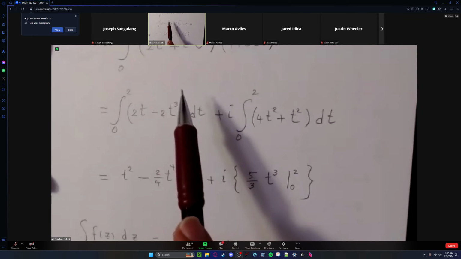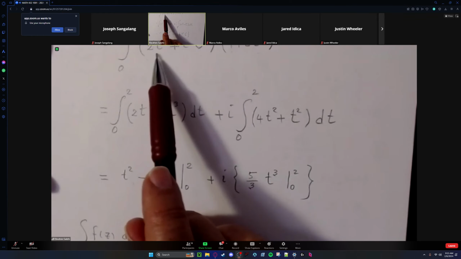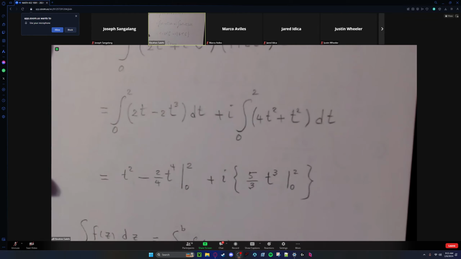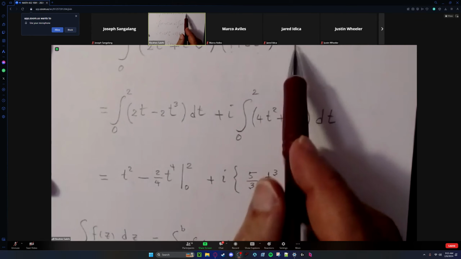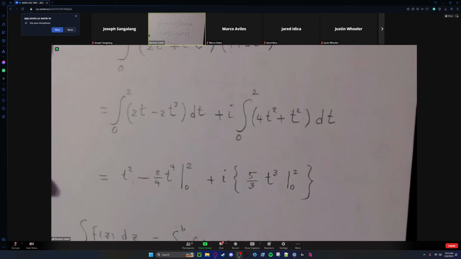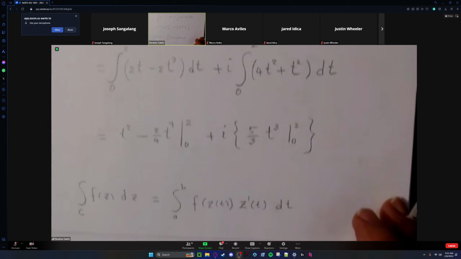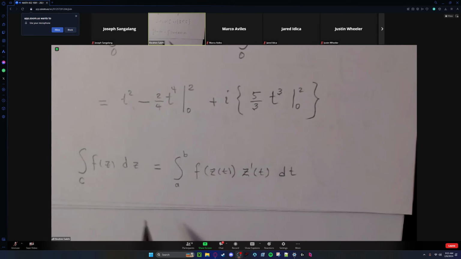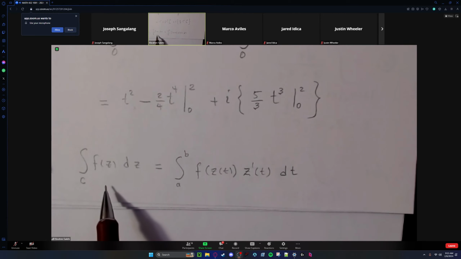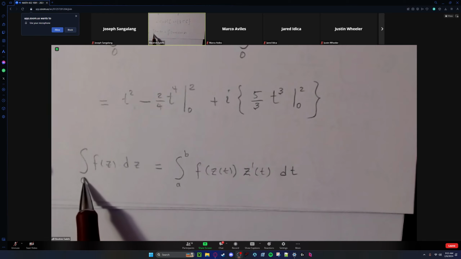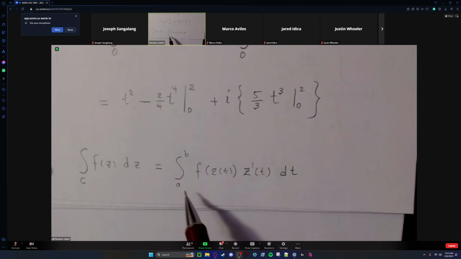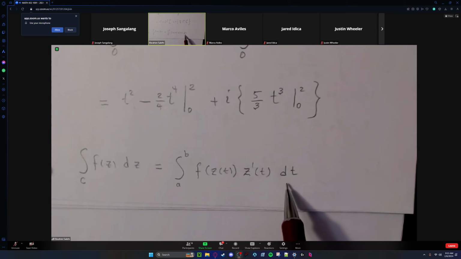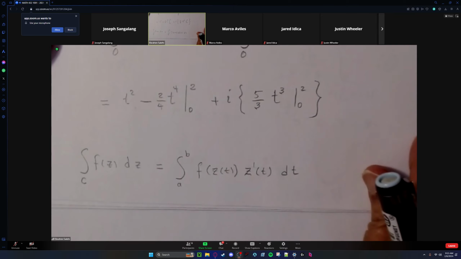Then here, z prime of t dt. If you can find a parameterization of the curve, so integration over the curve is this. And that's the example. Okay.